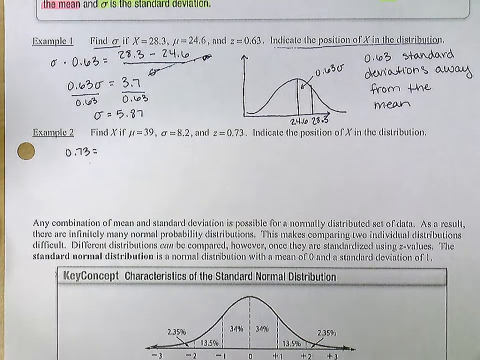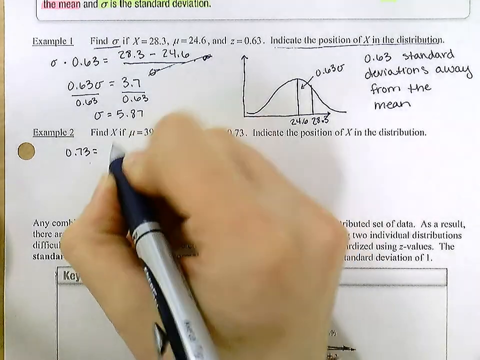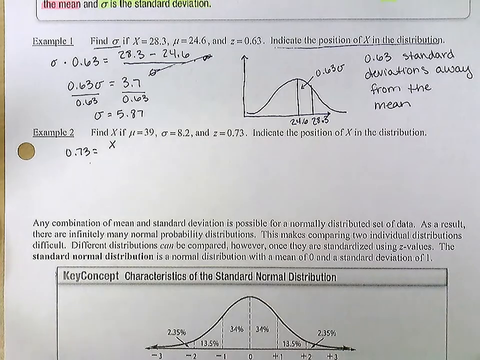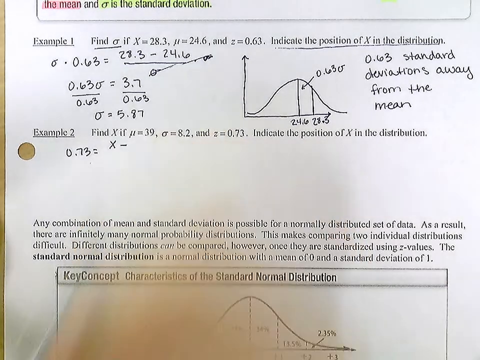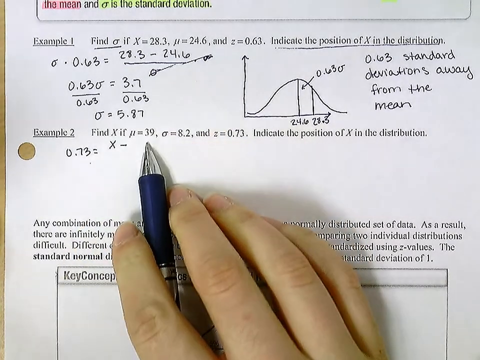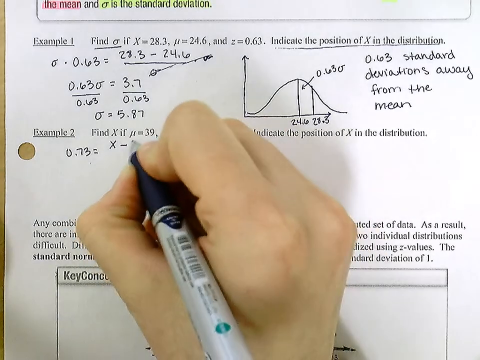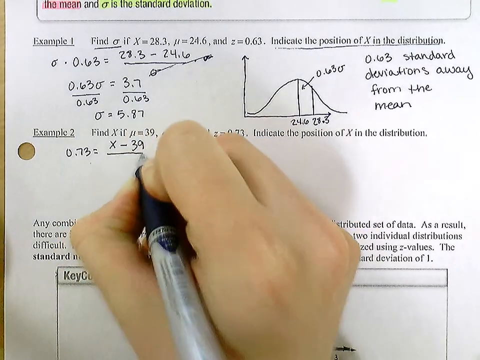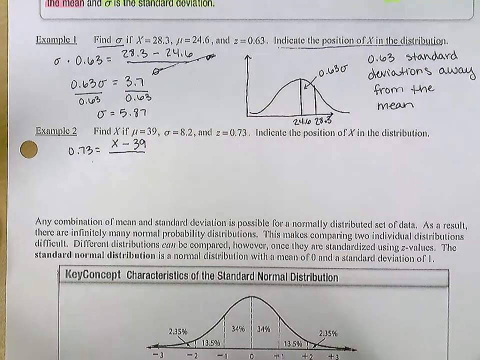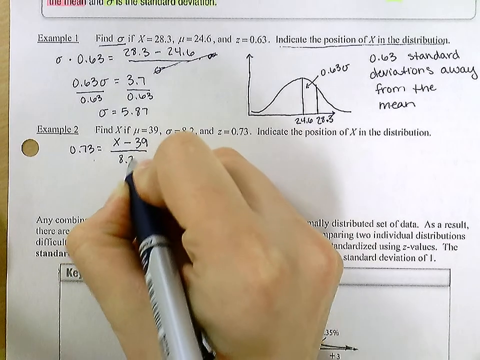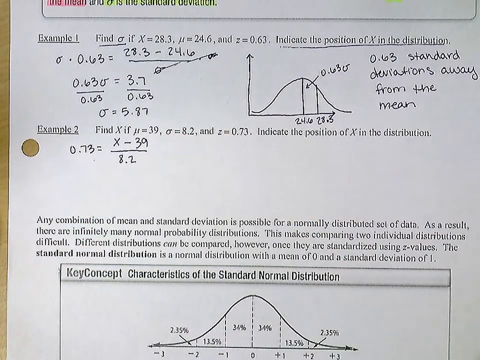That's equal to x, which is what we're looking for, minus our mu value, 39, over the standard deviation, sigma, which is 8.2.